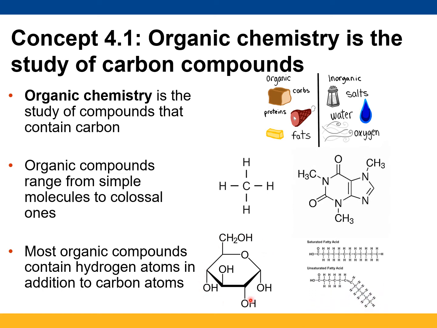So things like a glucose molecule, these are all carbons again at these angles here, or something like what we call a fatty acid, whether it's saturated like this case is, with no double bonds, or unsaturated, where in this case it has 1, or you can have 1 or more double bonds. So lots and lots of possibilities with organic compounds.